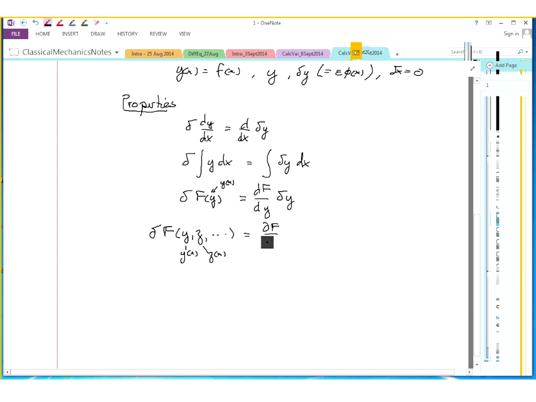So that's ∂f by ∂y, delta y, plus ∂f by ∂z, delta z, etc. Okay?